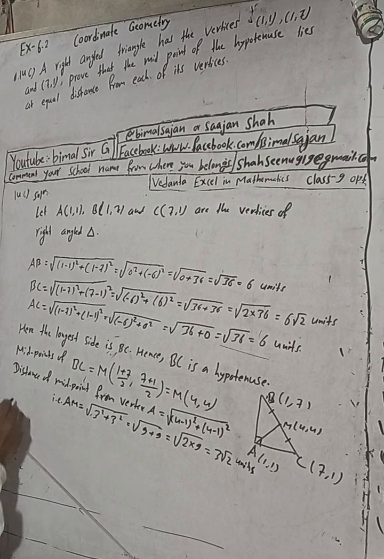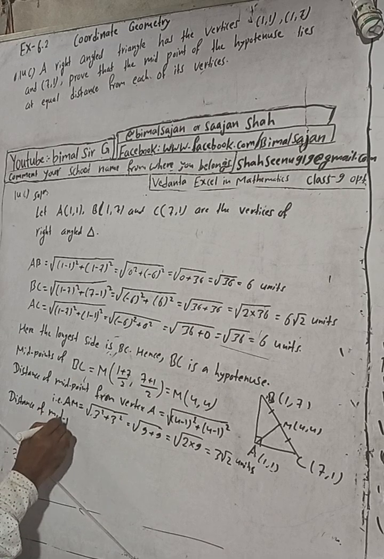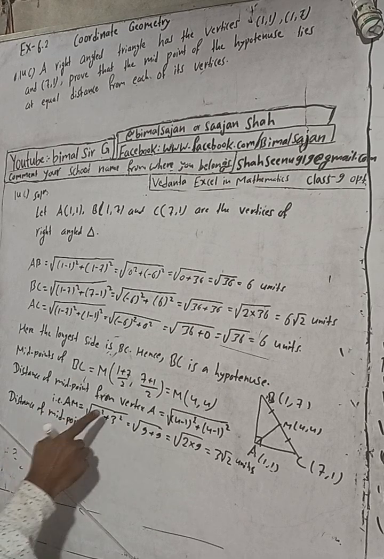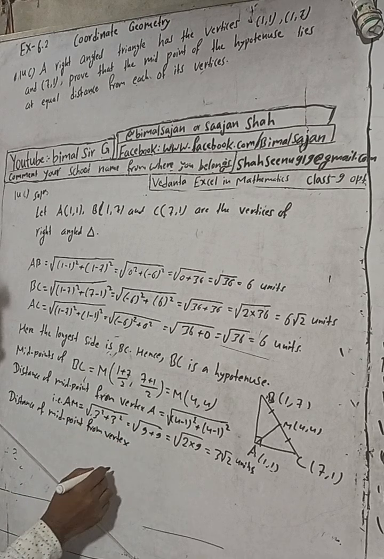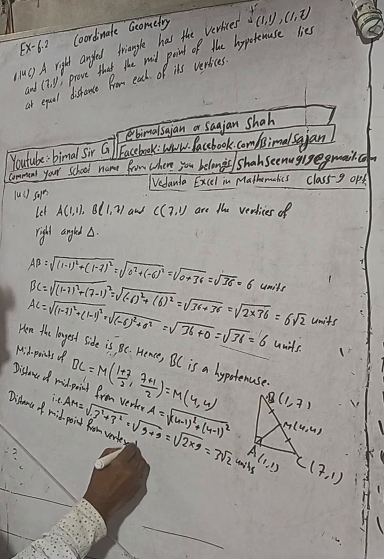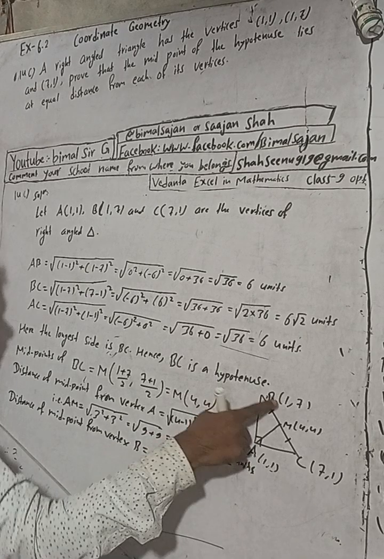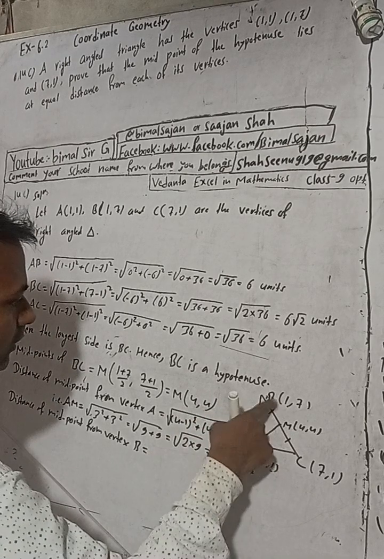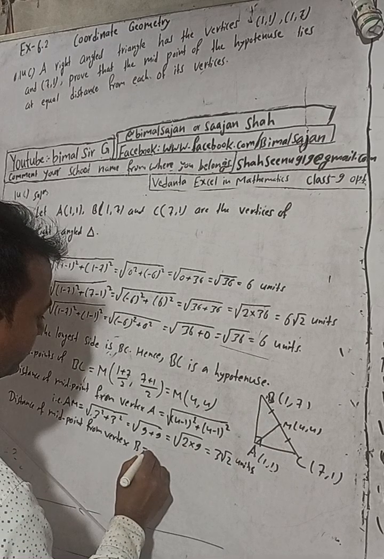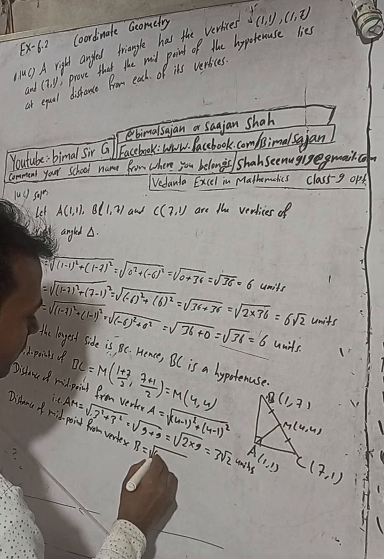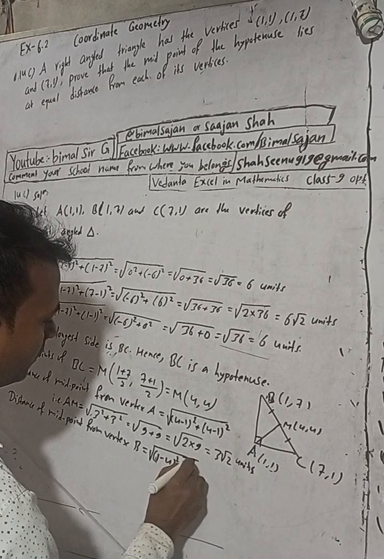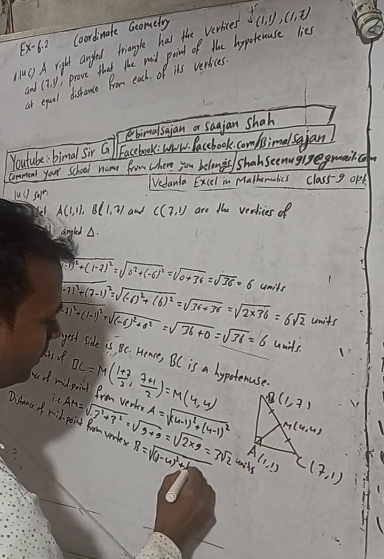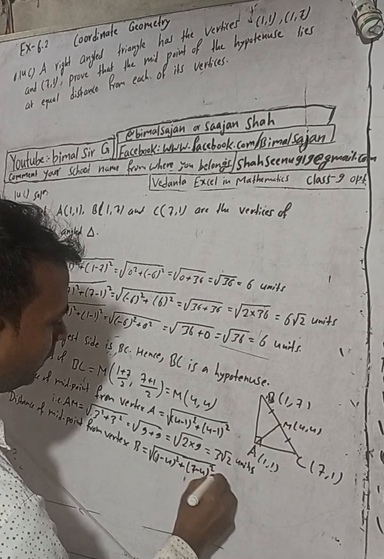Now the distance of the midpoint from vertex B. We can write root under (1 minus 4) whole square plus (7 minus 4) whole square.